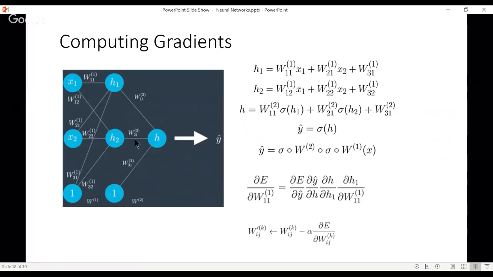We didn't touch h2 here because in this pathway, in this graph, we didn't have h2. By the chain rule, you just multiply these derivatives and you get the final gradient. And then you use this to update each of those weights similarly.